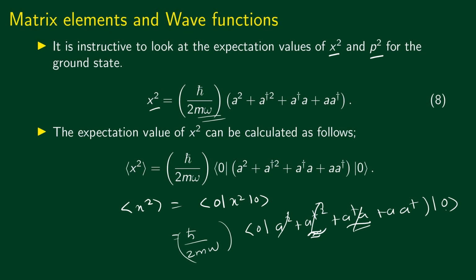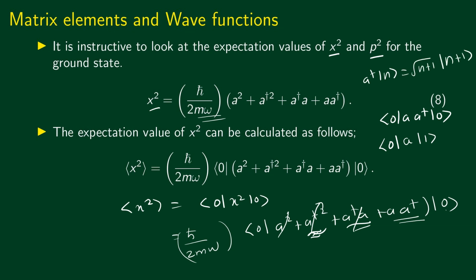The only non-zero term we will have is bra 0, A A dagger, ket 0. Let's calculate this. We can make use of the fact that A dagger acting on ket 0 gives the square root of n plus 1, so that would be the square root of 1, which is 1, multiplying ket 1, because A dagger acting on ket n is the square root of n plus 1 multiplying ket n plus 1.